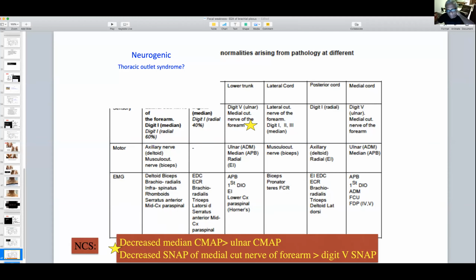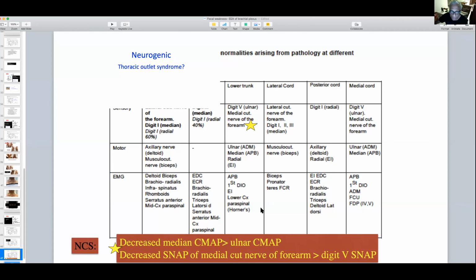So that means the medial cutaneous nerve of the forearm is affected more than digit 5. Likewise, when we did the median and ulnar nerve study, we didn't find any conduction problem. But we found that the median CMAP, as expected from the wasting, was severely reduced, while the ulnar CMAP was only partially reduced. And then of course the EMG didn't show any signs of paraspinal denervation.